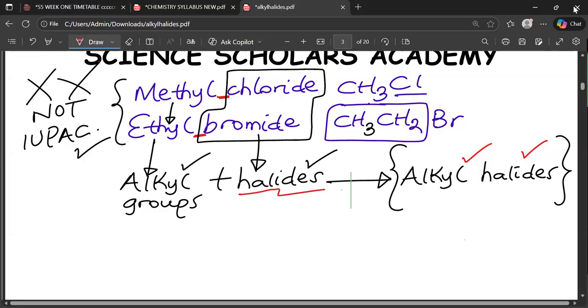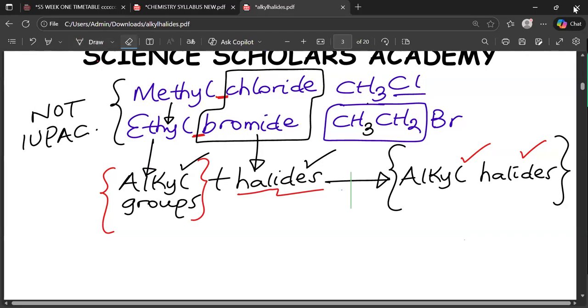So you explain how alkyl groups come about. How do they come about? We have realized one of the hydrogens of the alkane has been replaced by the Cl, Br, or I. I explained those things in alkanes, so please revisit in case something is not clear. So that is something small about what alkyl groups are. We are going to reach the nomenclature. I've told you that this is not IUPAC. So when they ask for the IUPAC name and you write methyl chloride, they are going to cross your work.